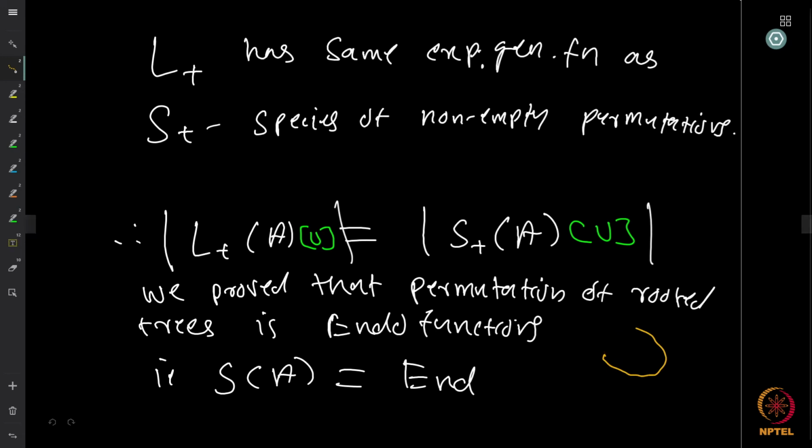So endofunctions are basically a permutation of rooted trees. Therefore, S of A equals En, because we proved this in an earlier part of the course, in the same lecture.